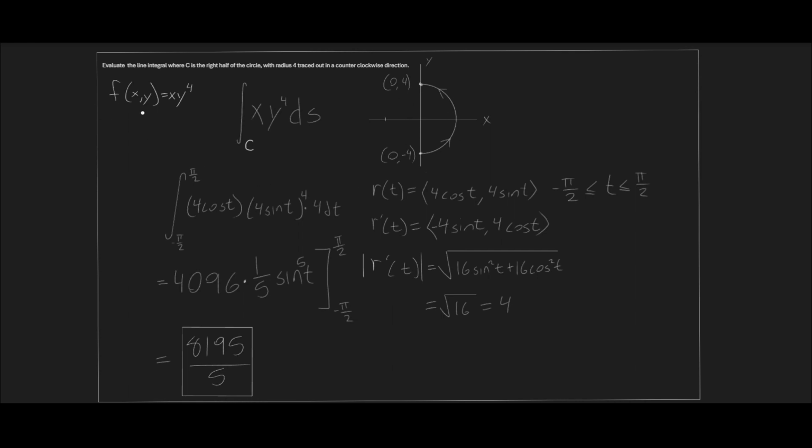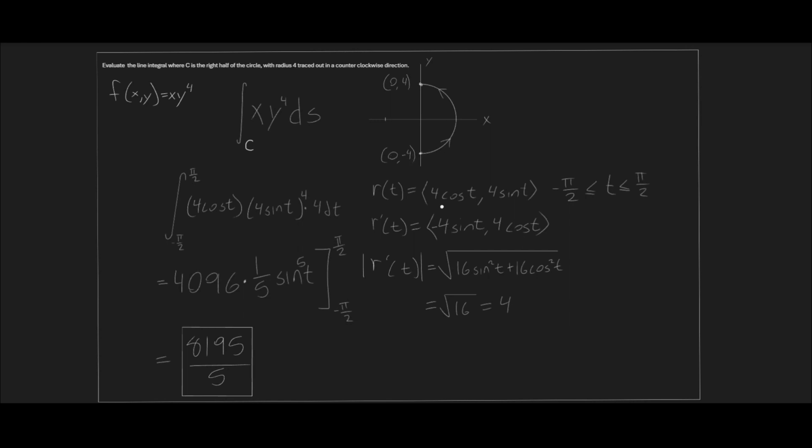And f is going to be the function x times y to the power of 4. So our integral is going to be f times ds. So first we have to find r. And r is going to be the function which represents c.